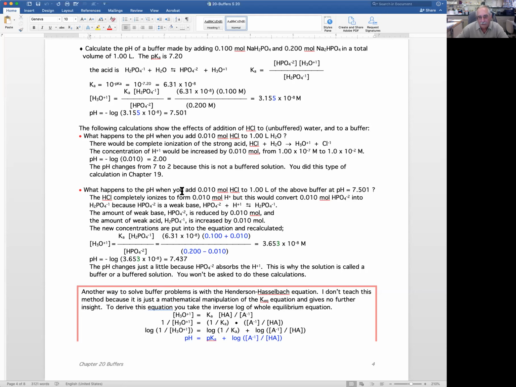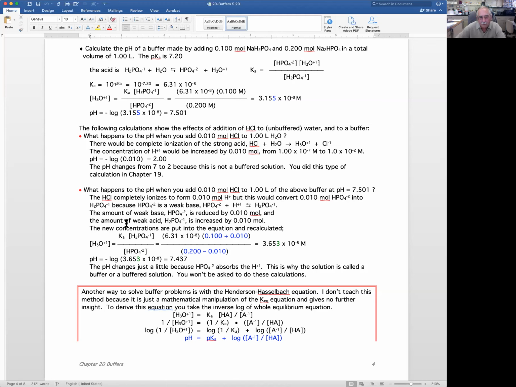But what if I would add that same amount of acid to 1 liter of this buffer up here? What would change? And I'm not going to ask you to do this on an exam or anything. But what happens if I have a weak acid and a weak base under these conditions? If I add HCl, I'm adding 0.01 moles of hydrogen ion. It's going to convert the hydrogen phosphate into dihydrogen phosphate, because that's what happens, right?